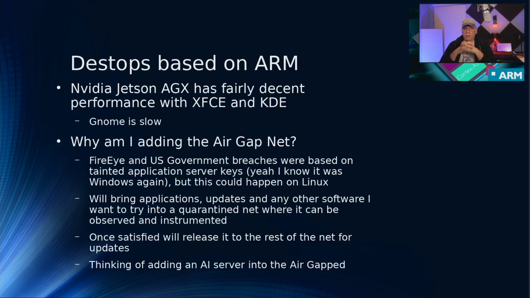Desktop, based on ARM, I do have one. It's an NVIDIA Jetson AGX. Now that is the older AGX, not the Xavier. It's a big blocky looking thing. It's fairly decent performance with XFCE and also KDE. GNOME, however, no, not a good choice for that machine. It's just too slow.